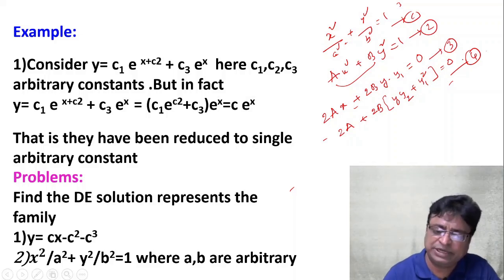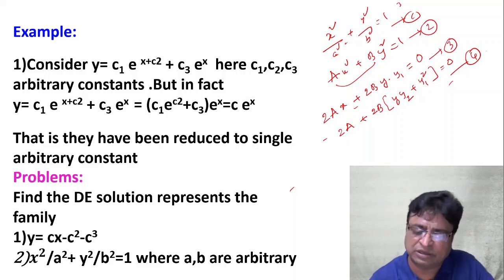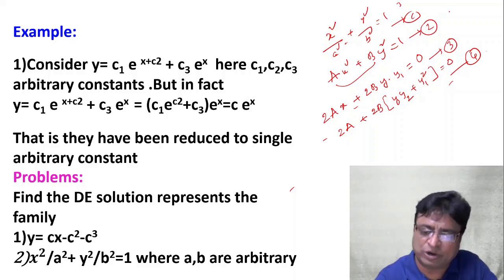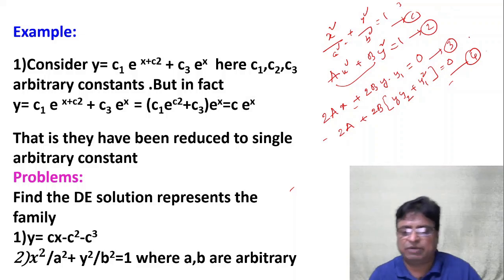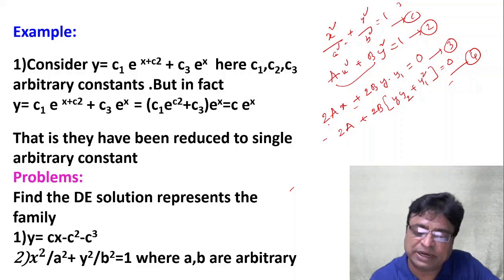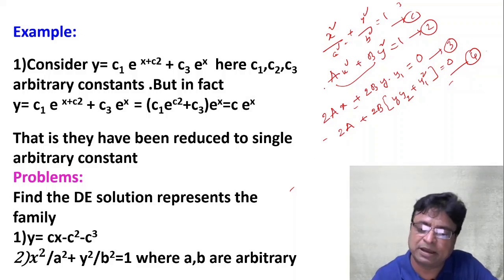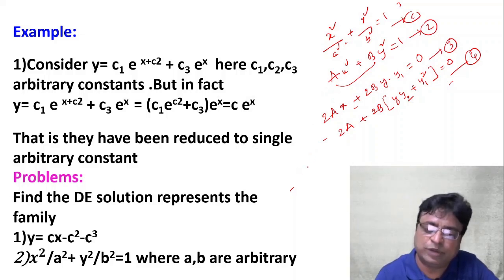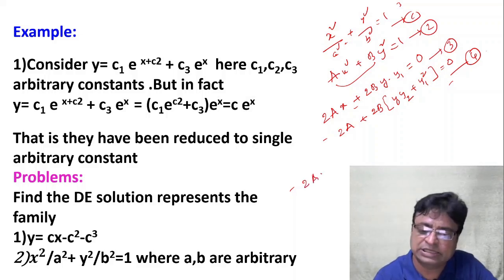Yes, absolutely right. Now we have to eliminate. These are the three equations I have with me now. Now I am eliminating this one. So better is you multiply this with 2ax, and this is 2ax plus 2bx into y y2 plus y1 square.